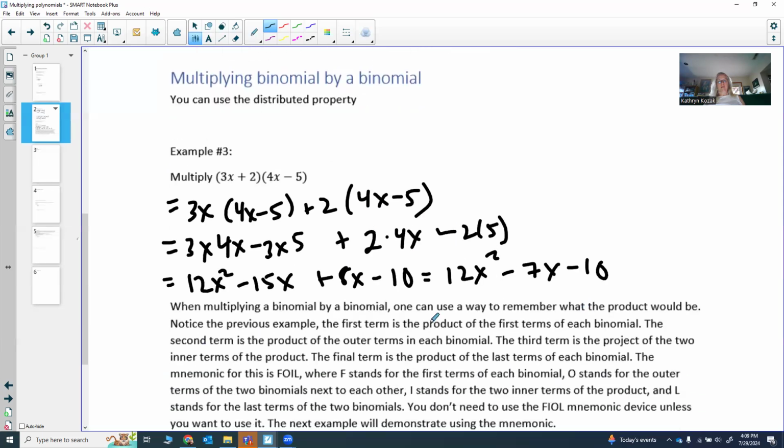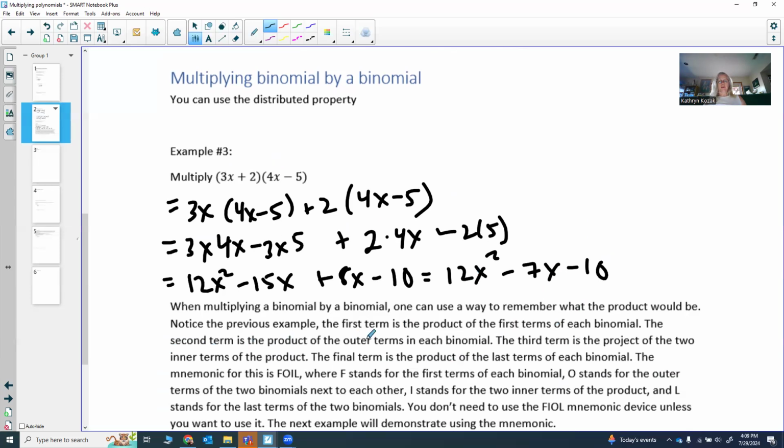When multiplying a binomial by a binomial, one can use a way to remember what the product would be. Notice in the previous example, the first term is the product of the first two terms of each binomial, 3x times 4x.